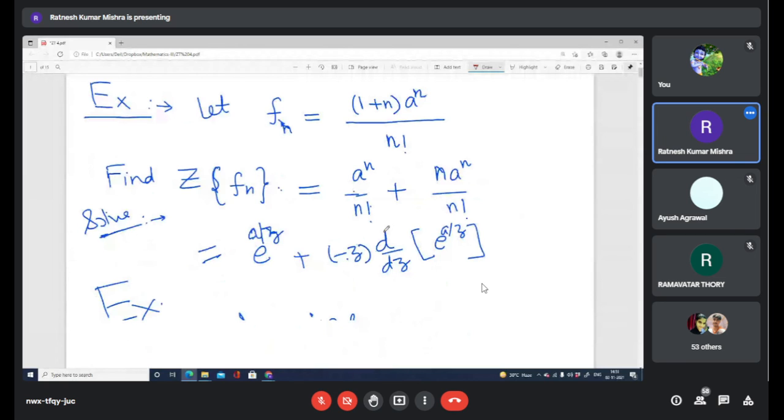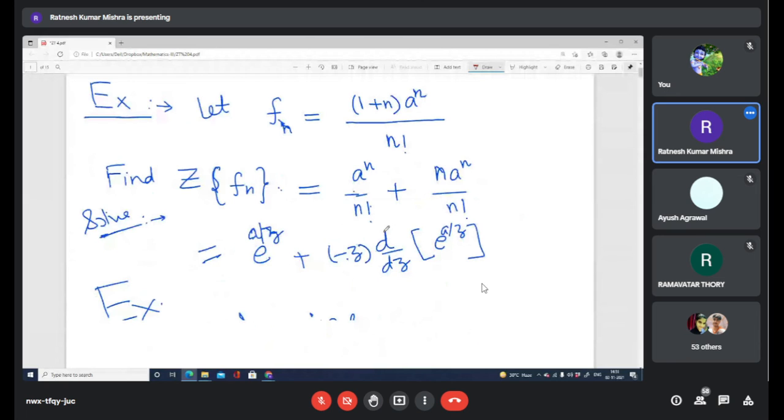Now again write Z transform of Fn plus 1 minus Fn. So traditionally, directly apply the definition of Z transform of the sequence. Summation n equal to 0 to infinity, and this is Fn plus 1 minus Fn into z power minus n.